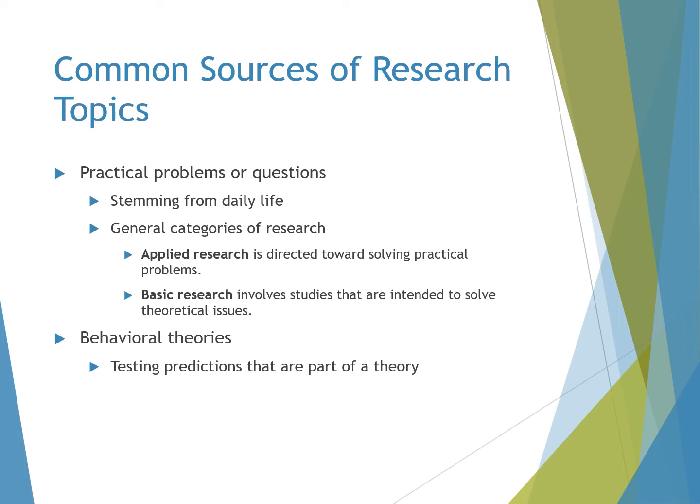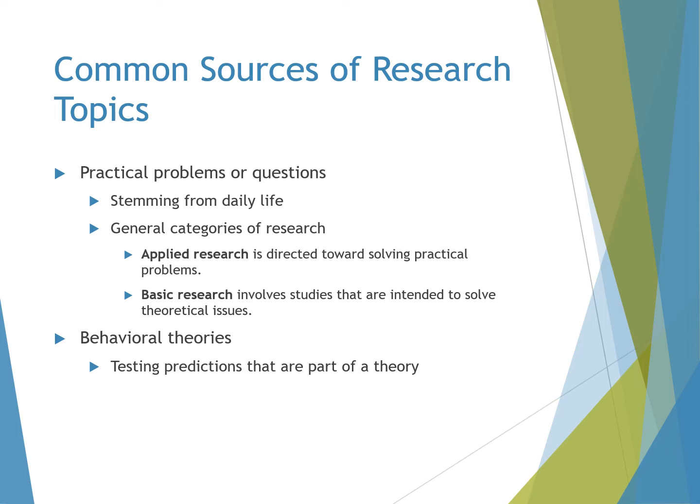Whereas basic research is often what we think of when we're talking about research. This involves studies that are intended to solve theoretical issues. So if I was interested in student retention, more basic research would be studying a bunch of students and identifying factors that might predict which of them graduate and which don't.